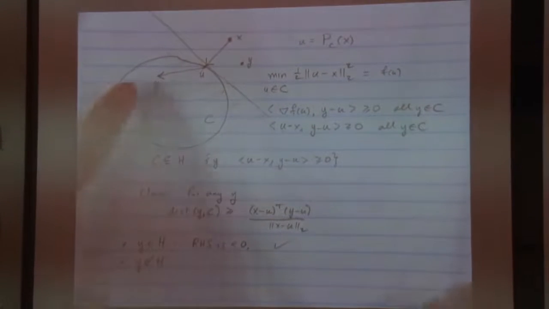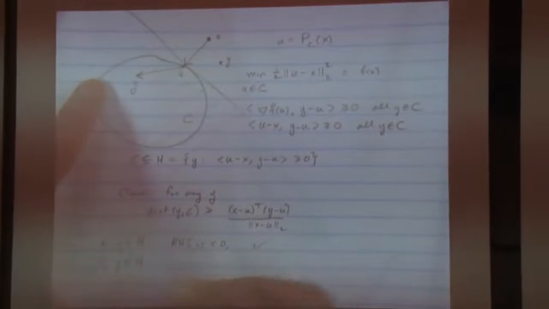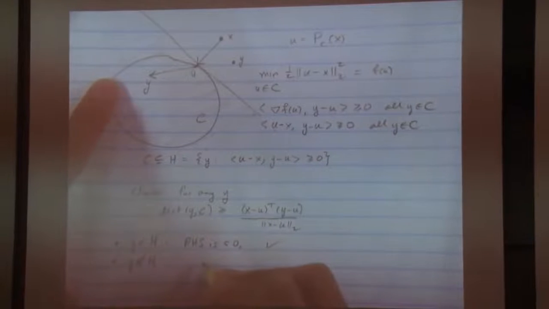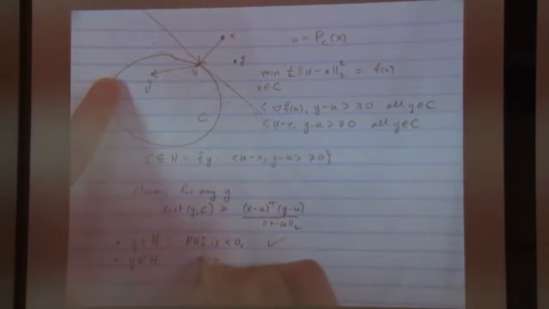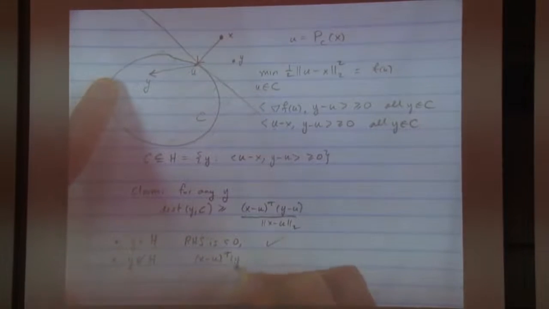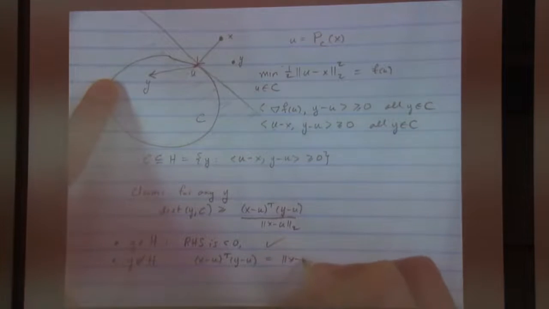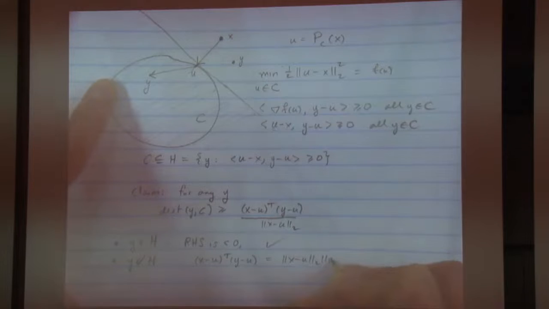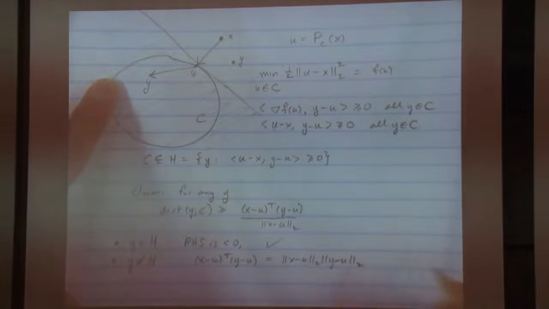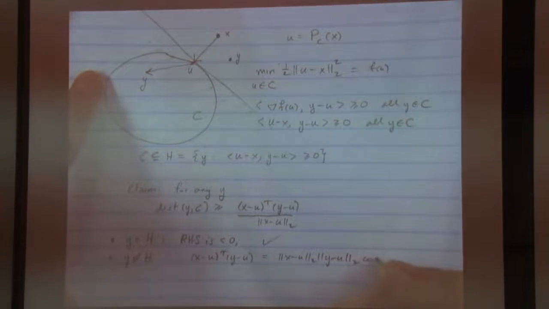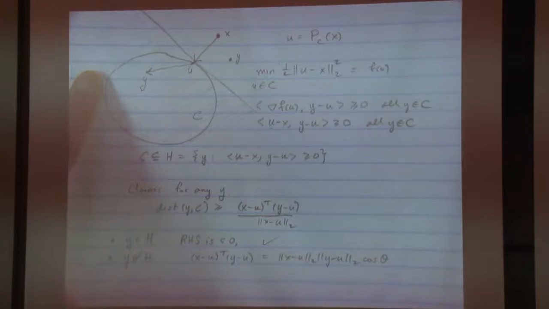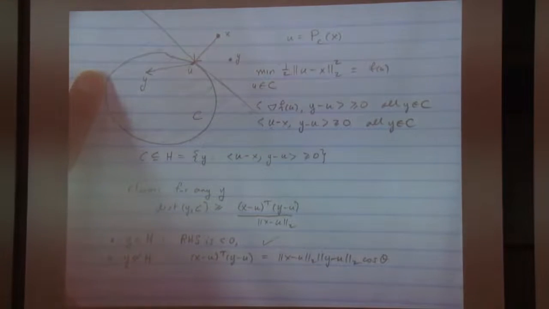So if y is not in the half space, then we're going to notice that (x minus u) transpose (y minus u) I can always write as the norm of x minus u times the norm of y minus u times the cosine of the angle between these two vectors, x minus u and y minus u.